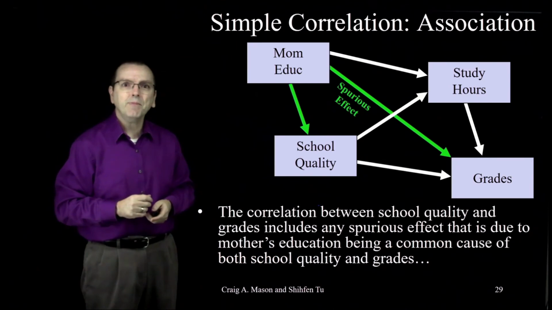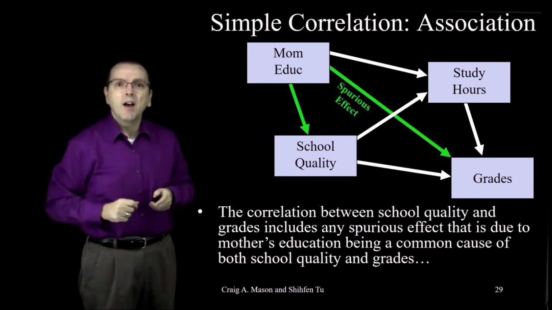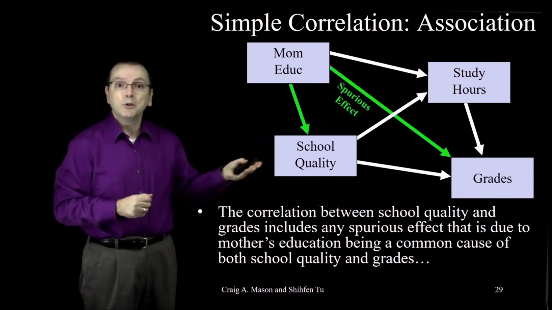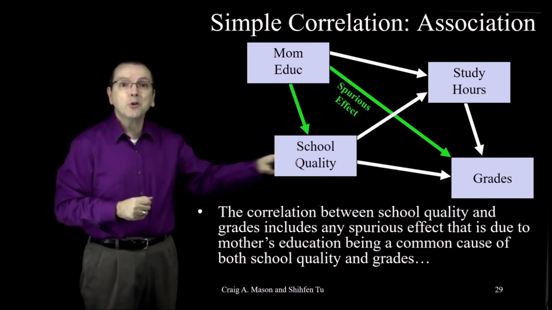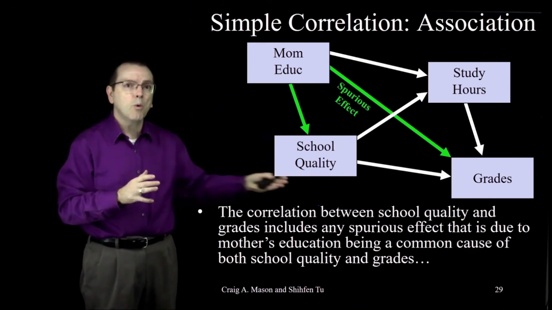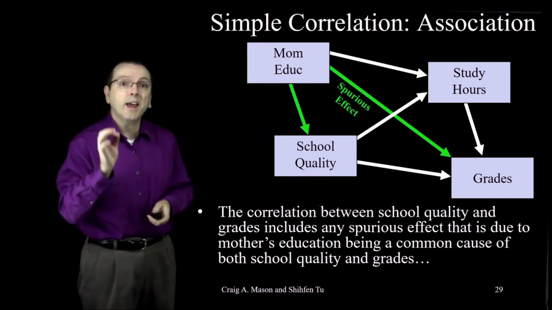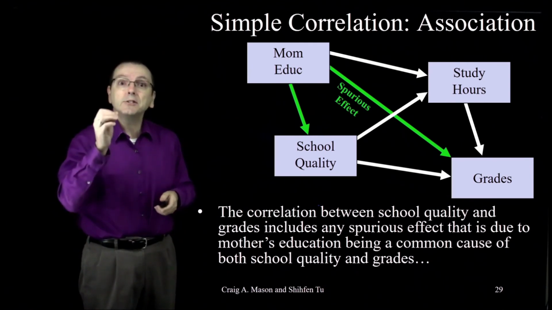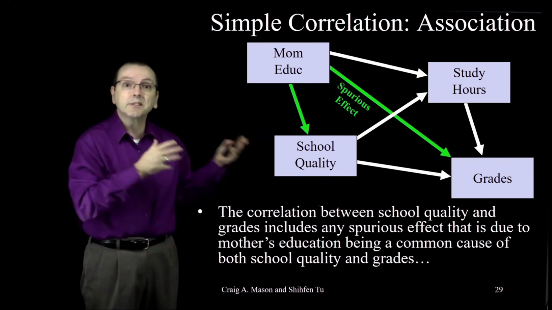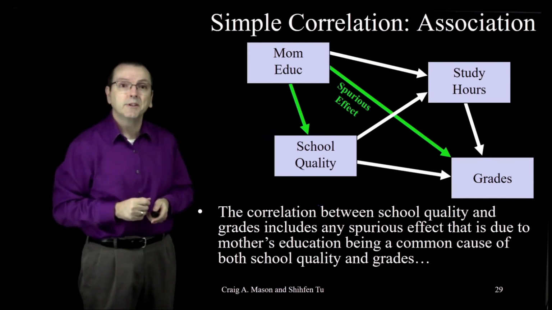right? In this case, our model says that mother's education influences both school quality and grades. Therefore, the correlation between school quality and grades includes any spurious effect that's due to mother's education being a common cause of both of those variables.